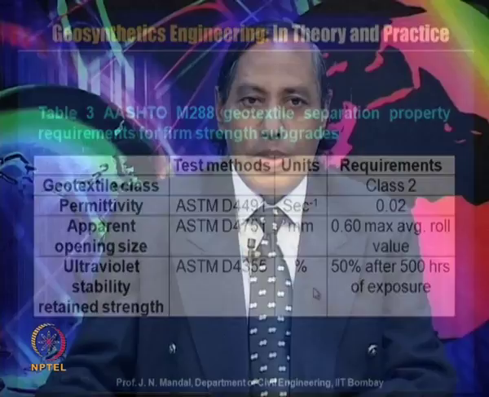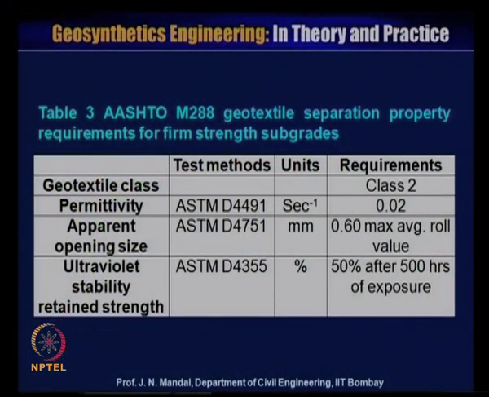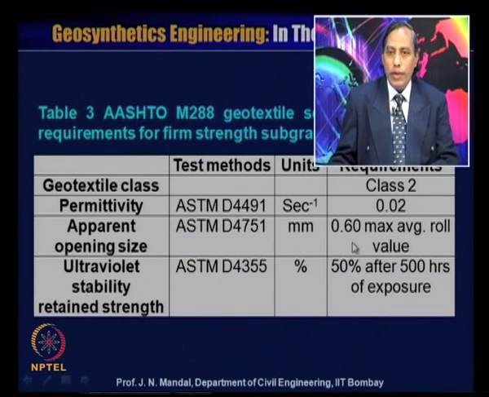The next, Table 3, is AASHTO M288 geotextile separation property requirement for firm subgrade. Geotextile permittivity, test method ASTM D4491, class 2, requirement 0.02; apparent opening size ASTM D4751 in millimeter, requirement 0.60 maximum average roll value.